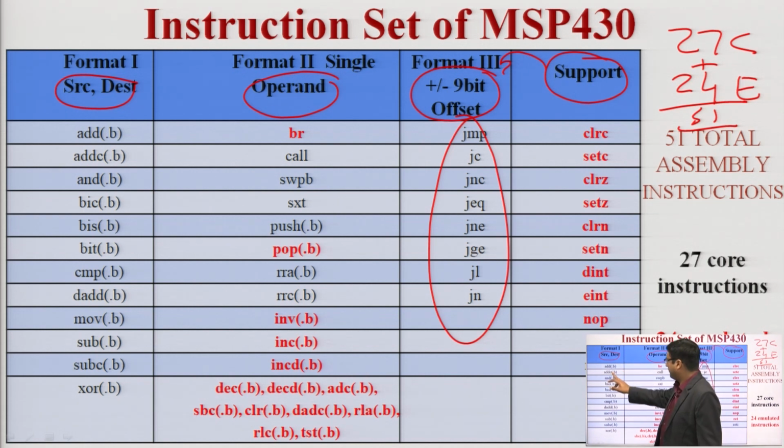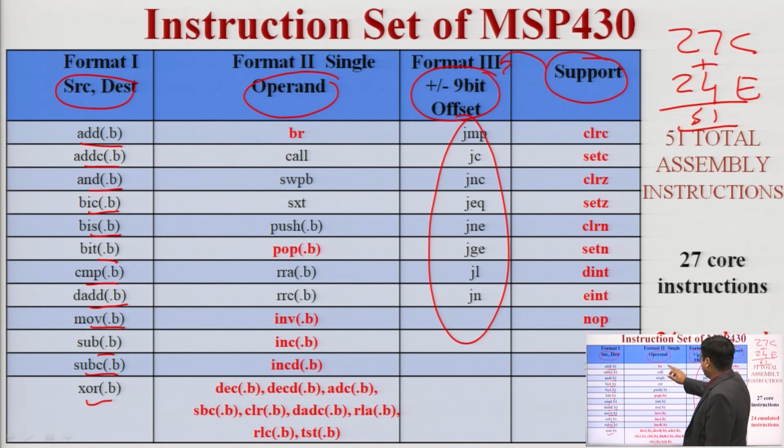So format 1 has ADD.B, add with carry, and BIC, BIS, BIT, compare, DADD, MOV, subtraction with carry, logical OR operations, XOR operations, similarly OR. Format 2 has a single operand: BR, CALL, SWPB, SXT, PUSH, POP, RRA, RRC.